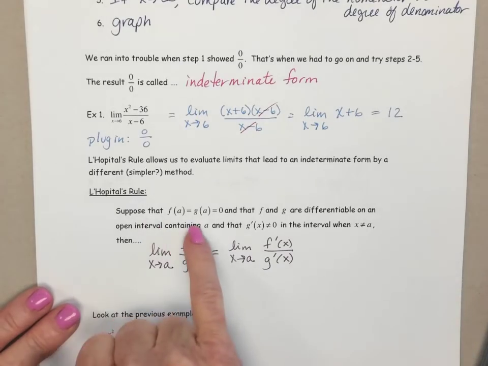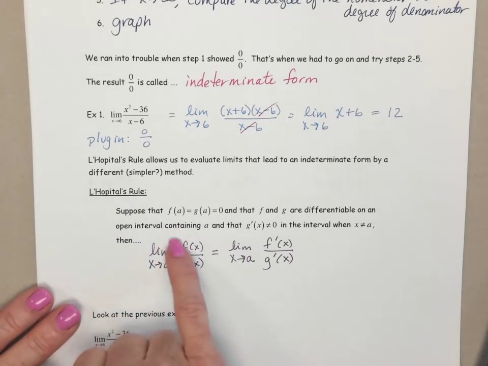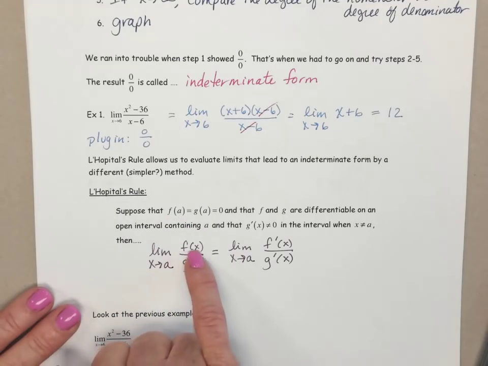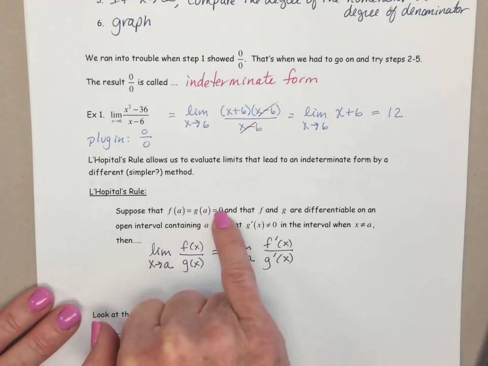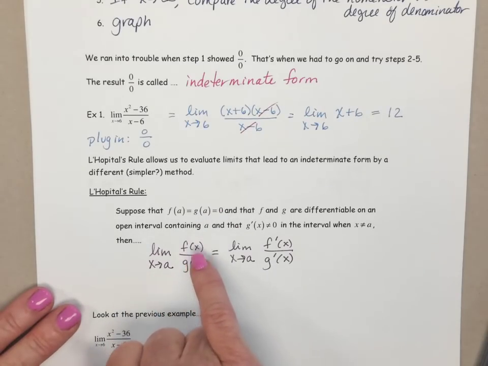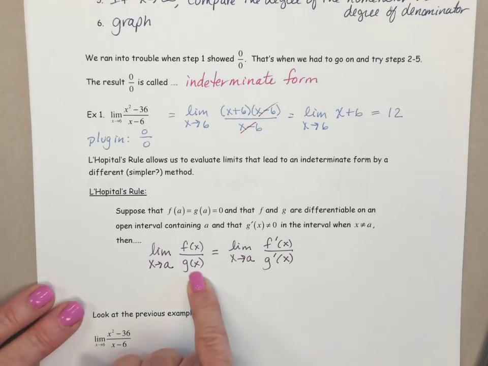So what this is saying is that when you substitute in this a, substituting the a into the function would give you f of a, which is 0, and down here substituting an a in would be g of a, which is also 0. So when you substitute in the a, we get 0 over 0, and we're stuck.